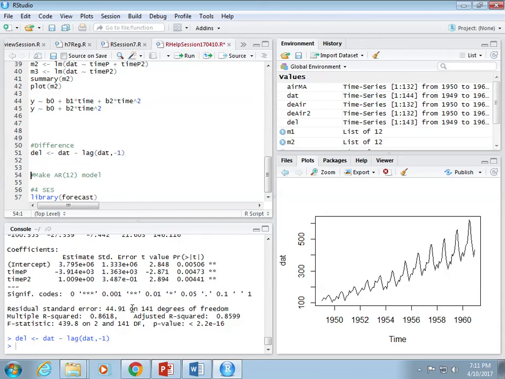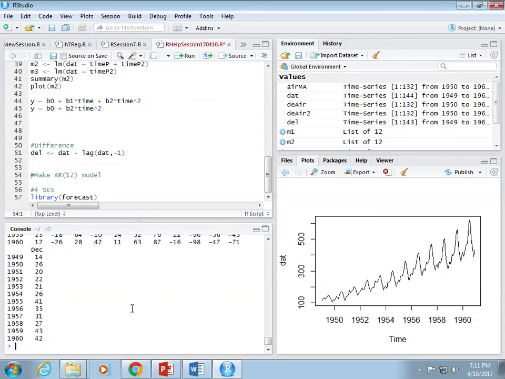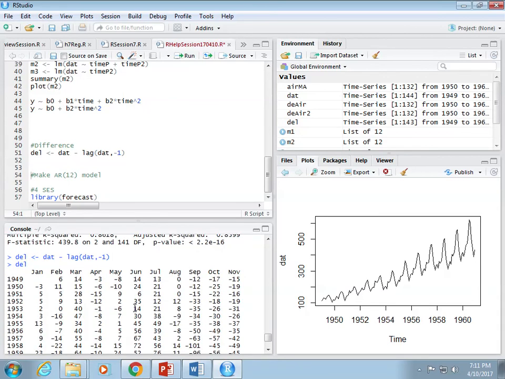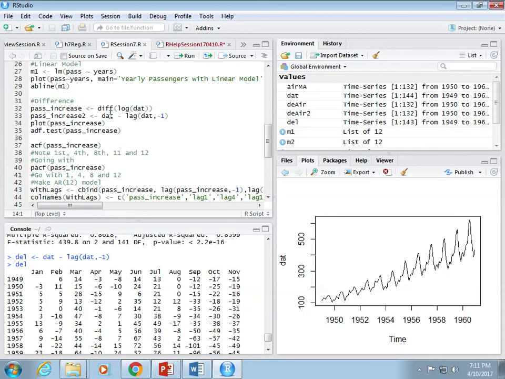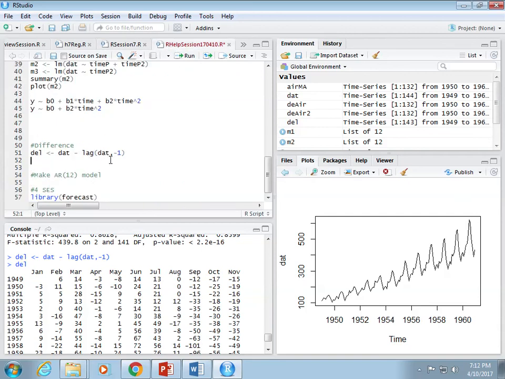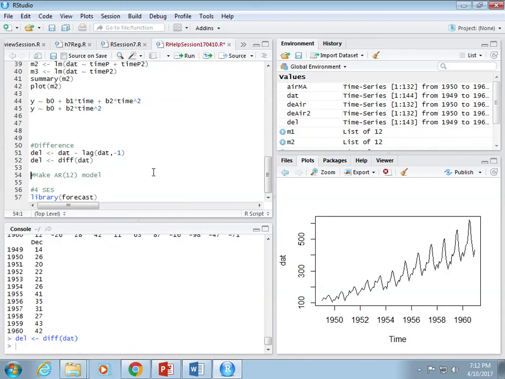Let me double check. Yeah, it should work. So that's basically all we're doing: taking the previous value and subtracting it. Another way is a function called diff, which does exactly that because it's a very common procedure. That's one way of differencing, but the idea is that we're trying to make this stationary.